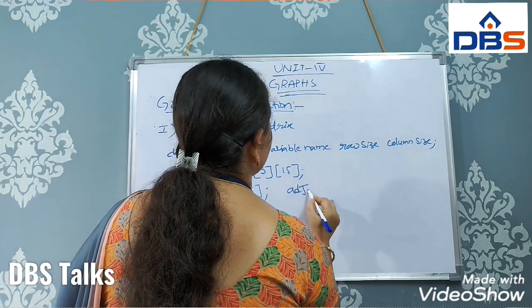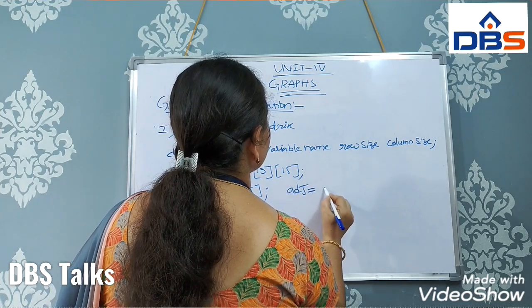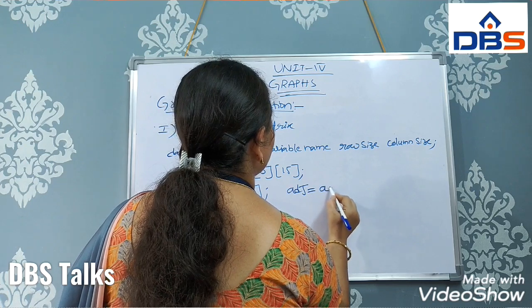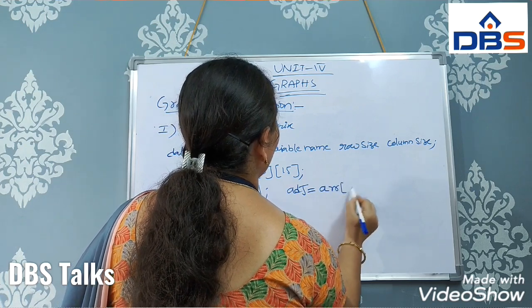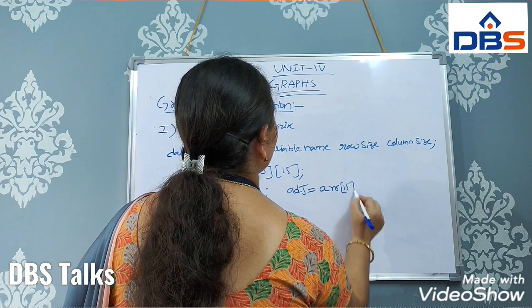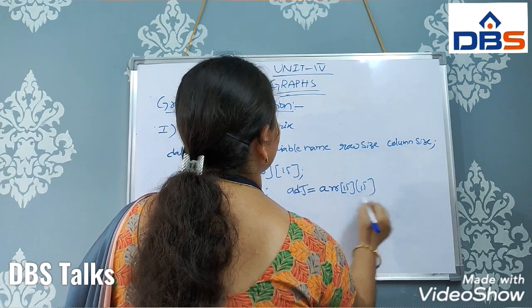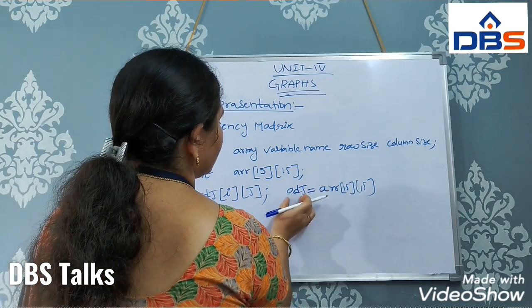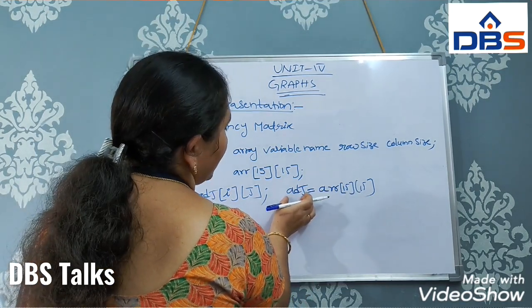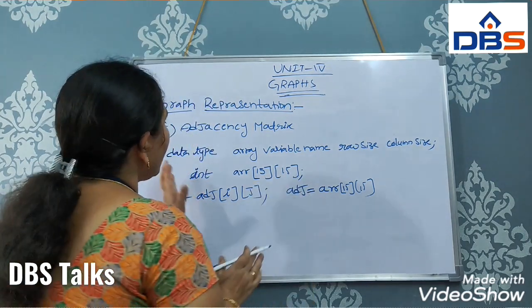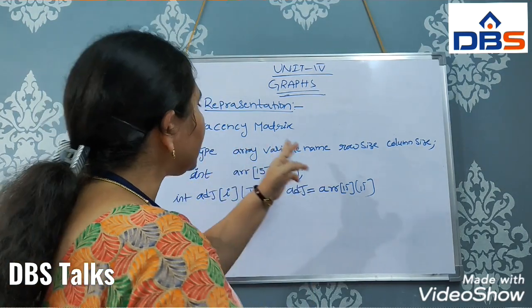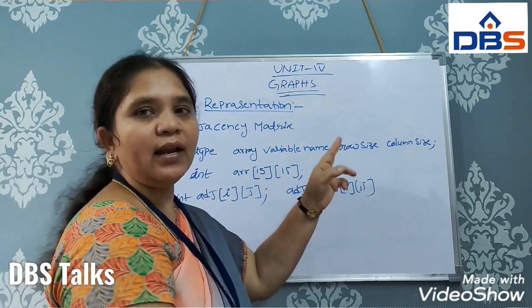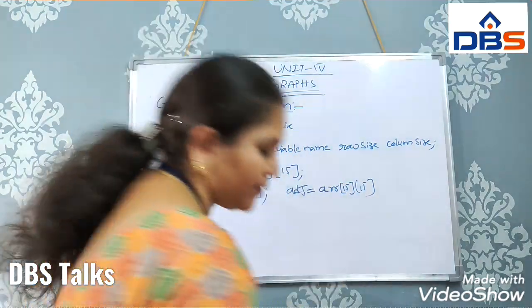ADJ is nothing but the array, like ARR of 15, 50. This is also the adjacency matrix array variable name. Like this we declare a two-dimensional array with this syntax.